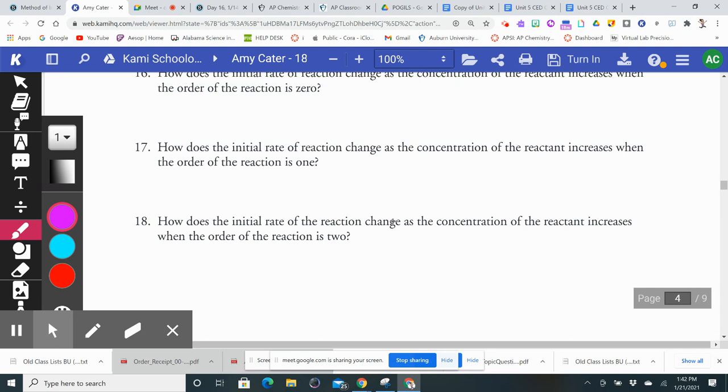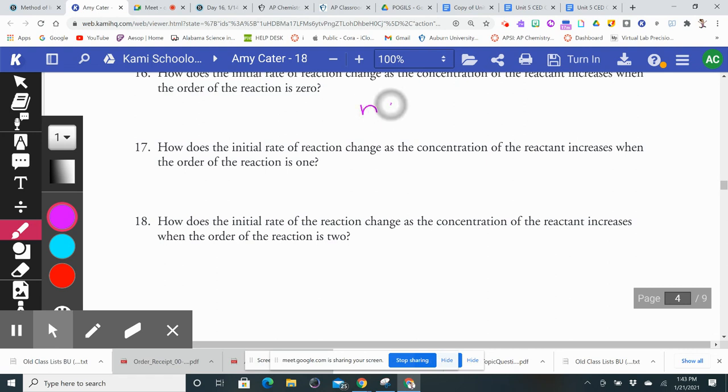It actually quadruples. That's 18. Did we skip 17? I'm sorry, I was looking at 18. So 18 quadruples. What happens when the order is 1? What happens to the rate when the reaction is first order? It doubles. So 17 doubles.